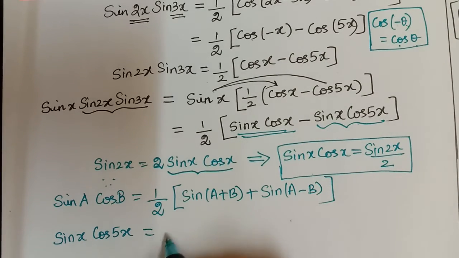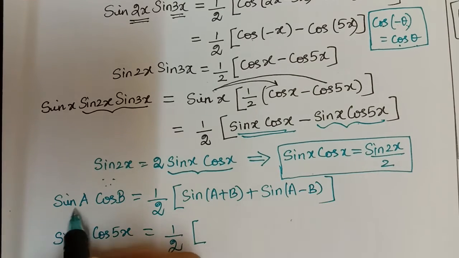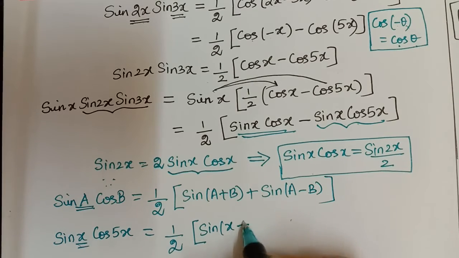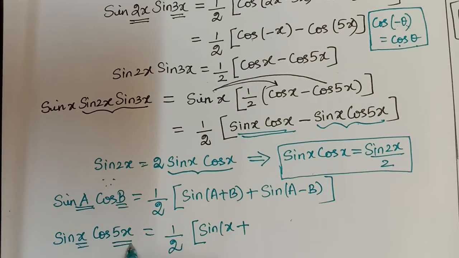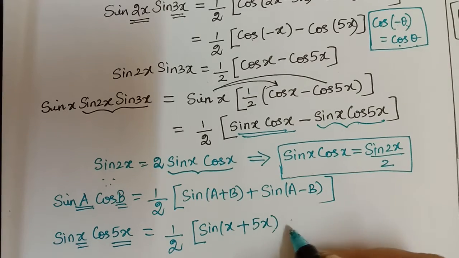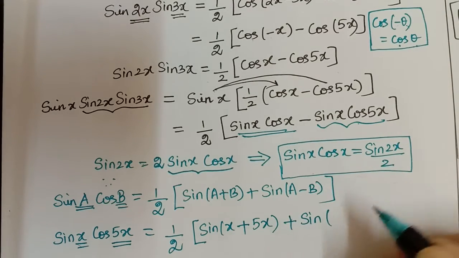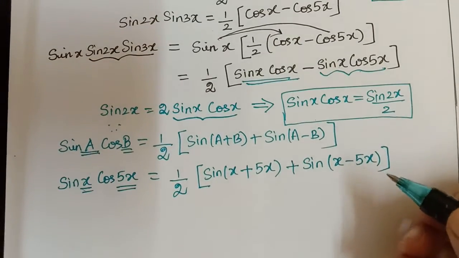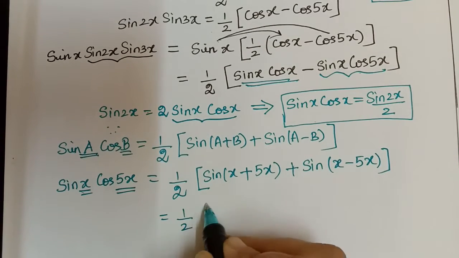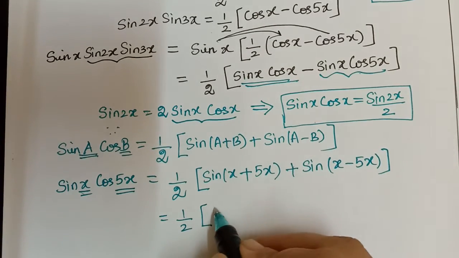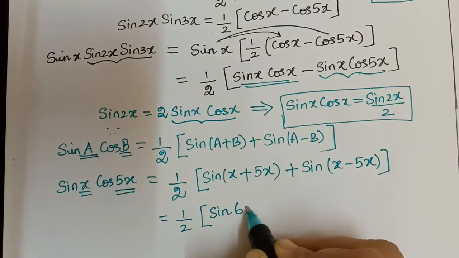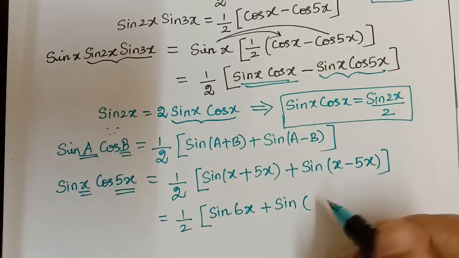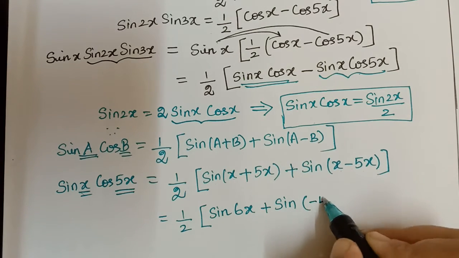Using this formula, in the place of A we have x and in the place of B we have 5x. So this will be 1 by 2 of sin(x plus 5x) plus sin(x minus 5x), which is 1 by 2 of sin 6x plus sin of minus 4x.